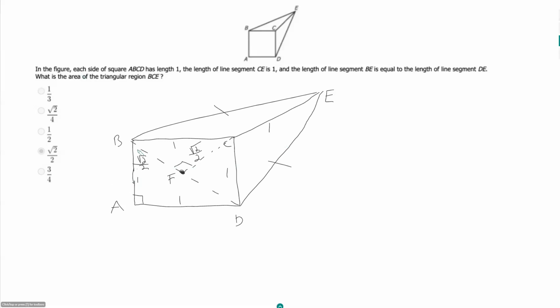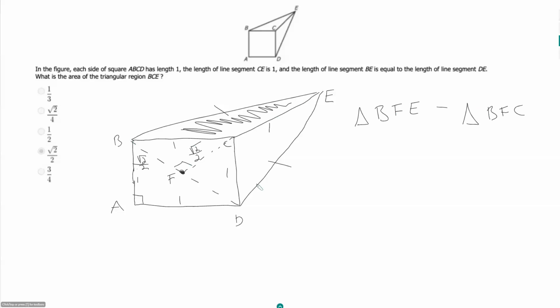So based on this, if I can find the area of this triangle BFE, which is a right triangle, that shouldn't be that hard to do, and then subtract out the portion of that triangle that's within my square, so that's BFC, I should be left with BCE, which is the thing that they're asking us to solve for.